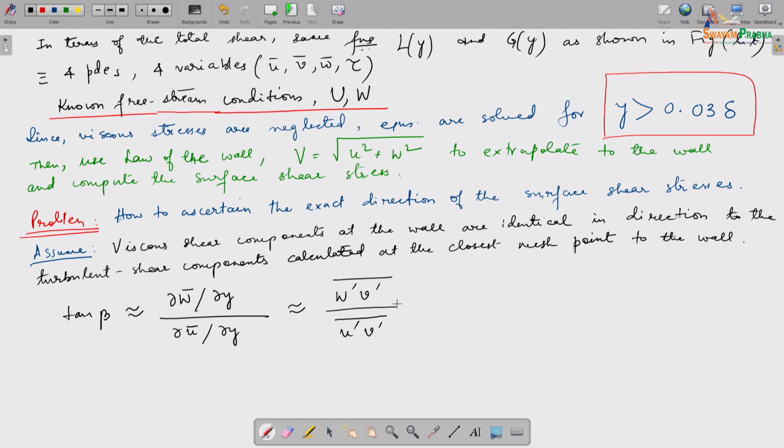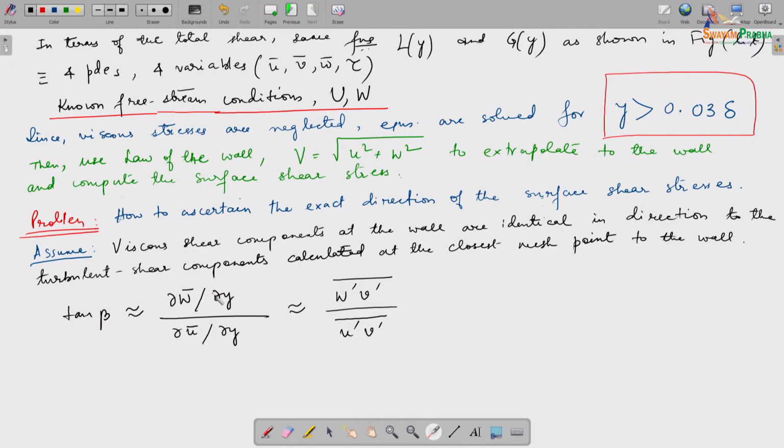These are the viscous shear stress components, so the direction of these is the same as the turbulent shear components, which are calculated at the nearest mesh point. We're calling this tan beta, which is the ratio of the viscous shear components. So that's the direction, which is essentially the same as the turbulent shear components.